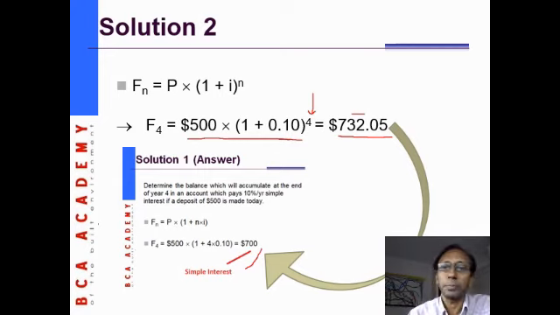Now what I'm going to do is to explain to you how to easily remember this equation. F is equal to P times (1 plus I) to the power of n. This is called the single sum cash flow.